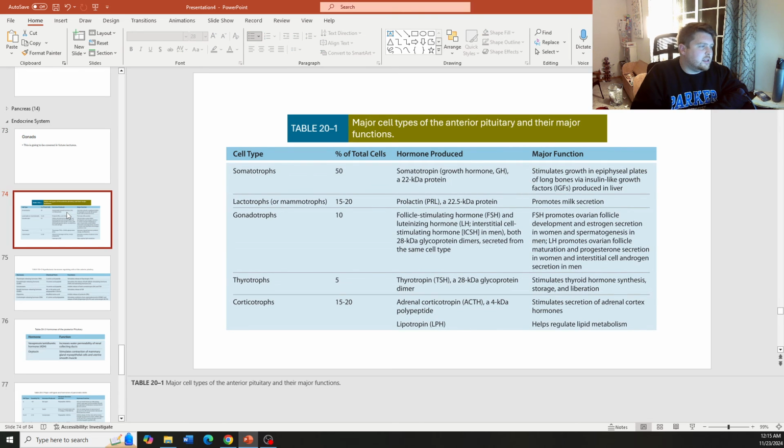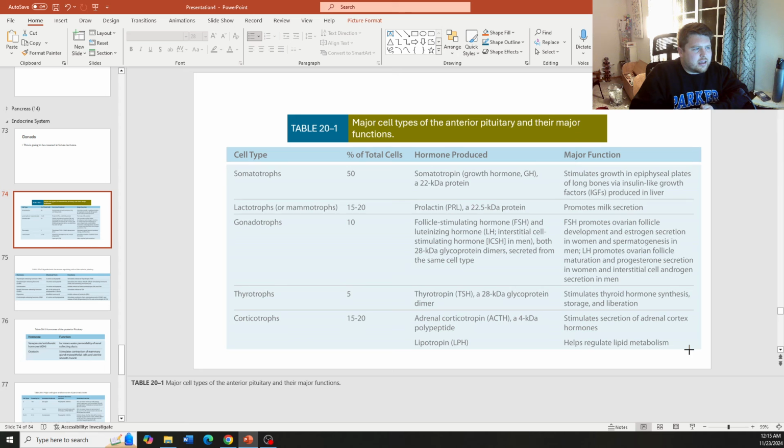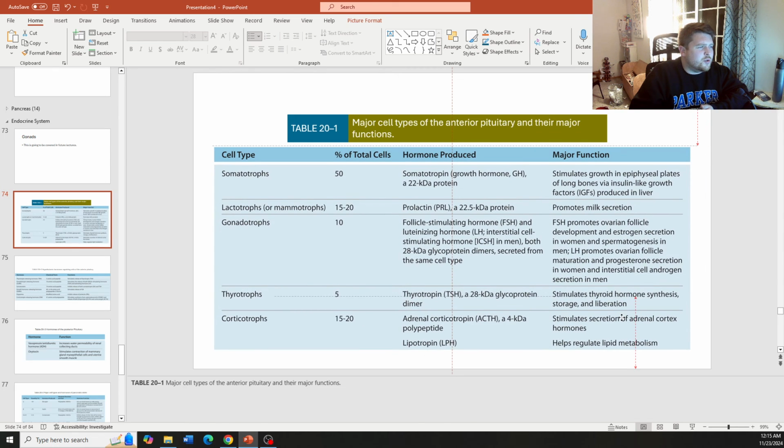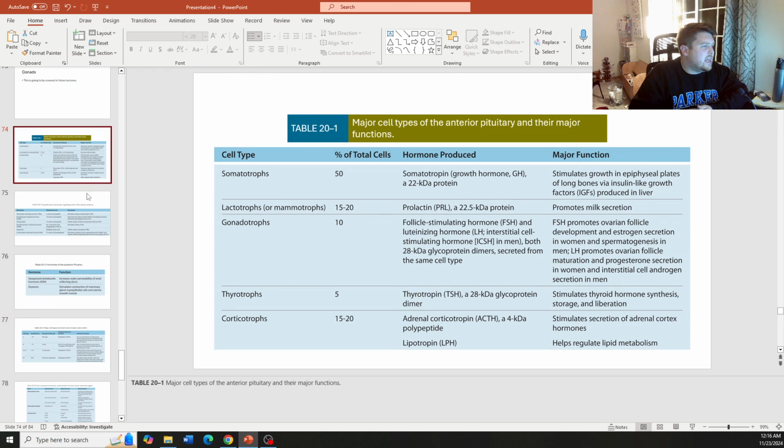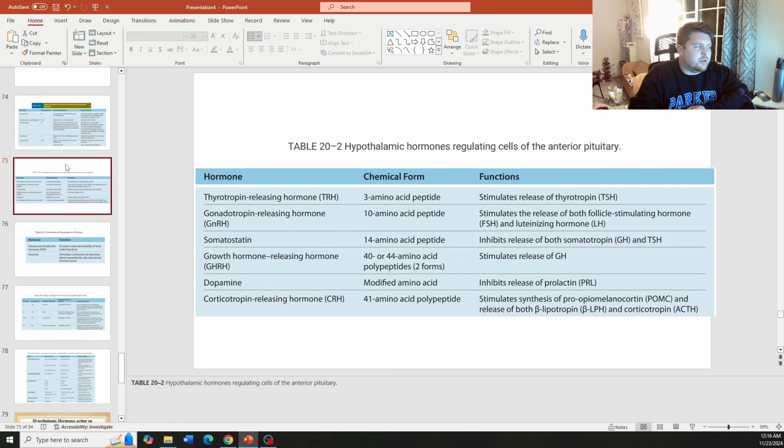Finally, here at the end, these are a bunch of tables. Personally, these are the textbook tables, and I feel like they definitely give a little too much information. If you like these, I would recommend taking all of these different tables and conjoining them into one really nice, neat table that gives you the organ, the cell type, what hormone it produces, and then shorten a lot of the function stuff to just what you need to help you remember.